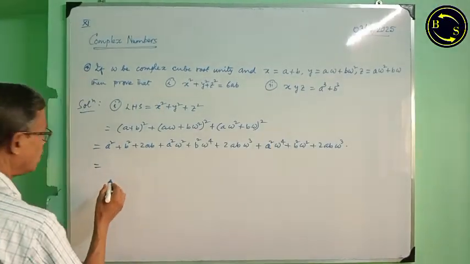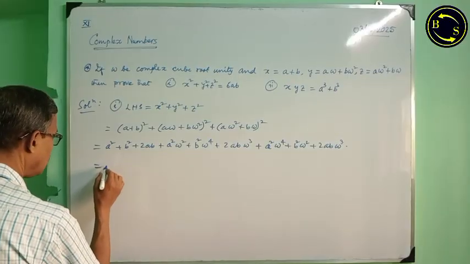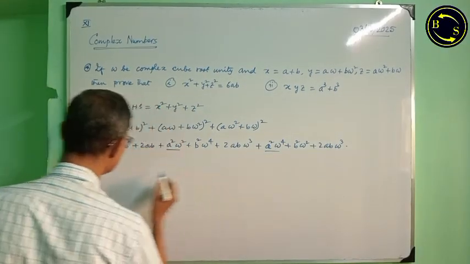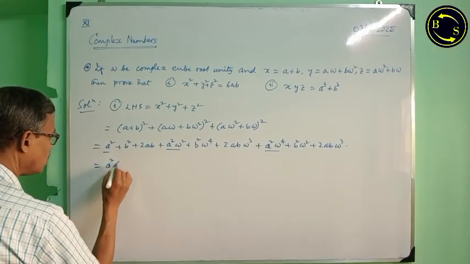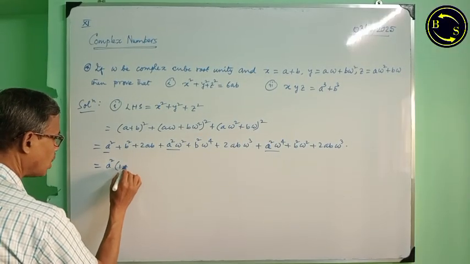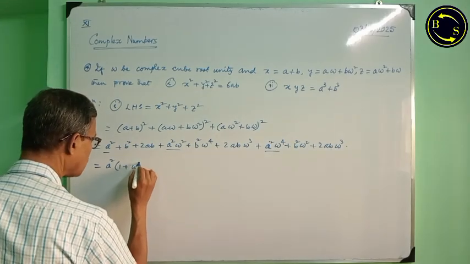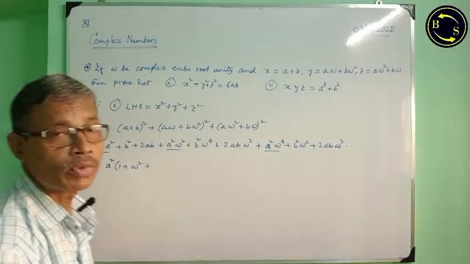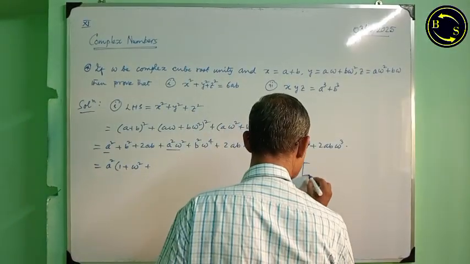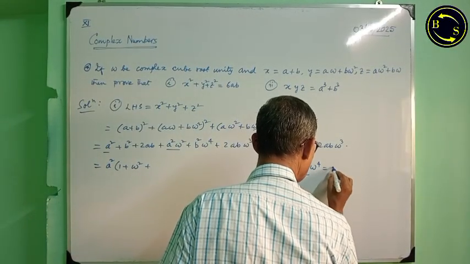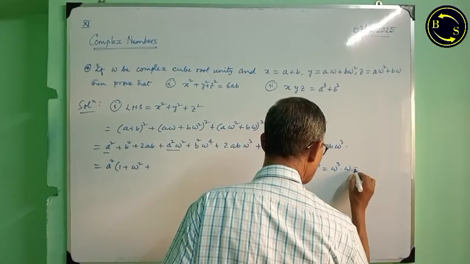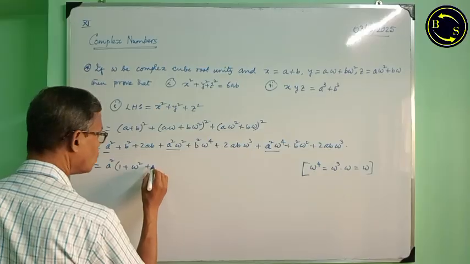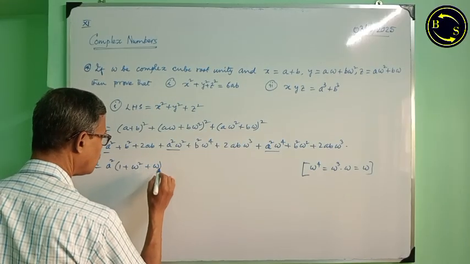Then I first consider a square terms. A square within brackets 1 plus omega square plus omega to the power 4, that is equal to omega cube plus 1 plus omega.